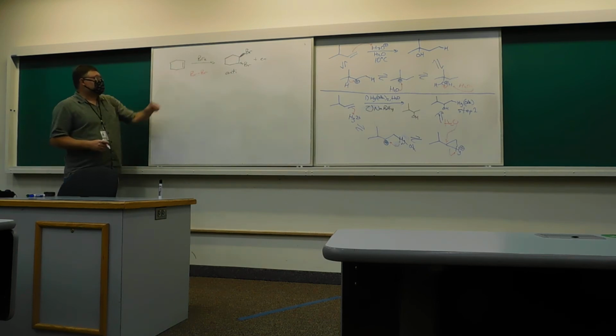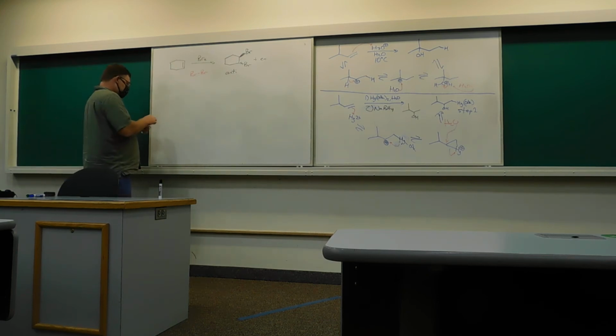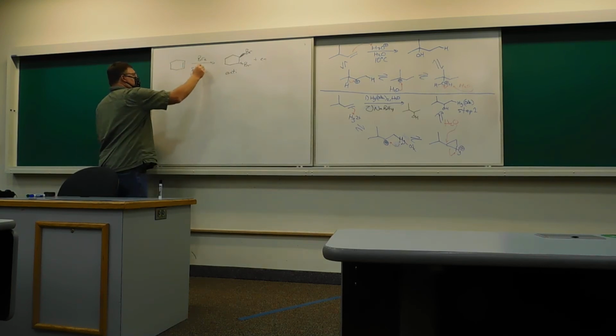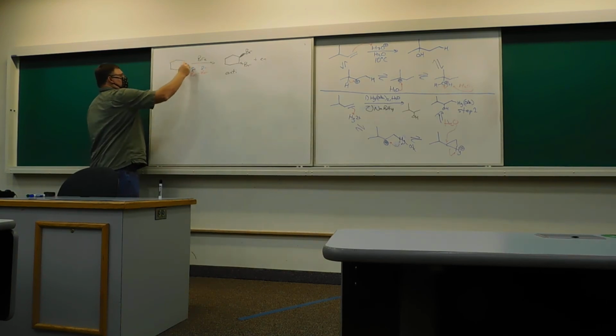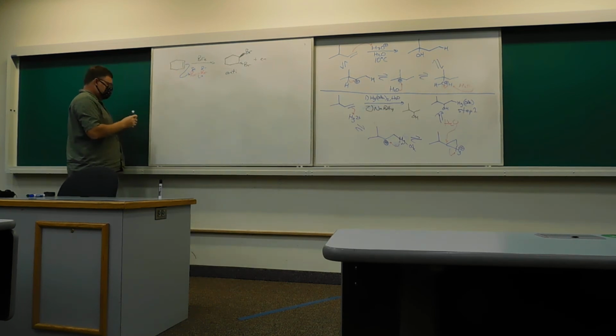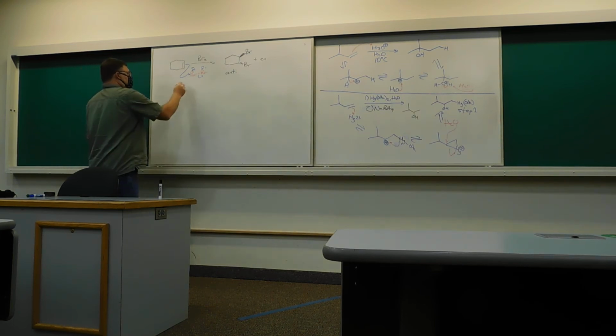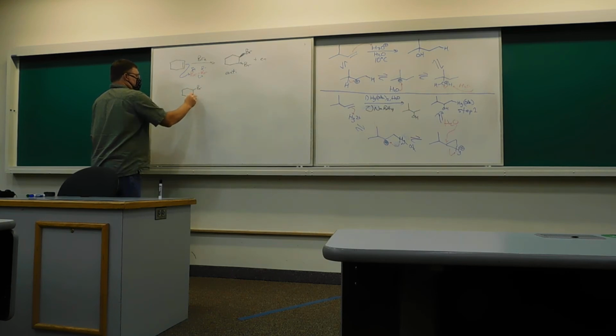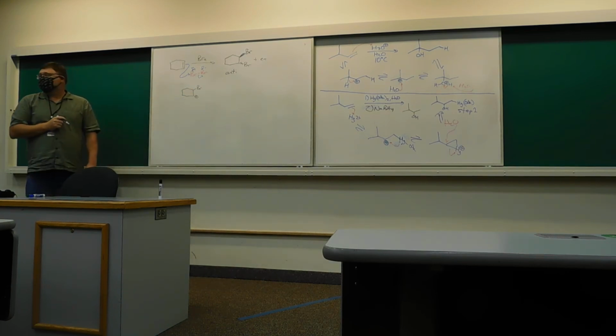Okay, so Br2 here, the mechanism then, it's polarizable, you get this instantaneous dipole, the pi electrons attack, break the bromine-bromine bond, and then this gives the cation you would expect, based on what we did with HBr.